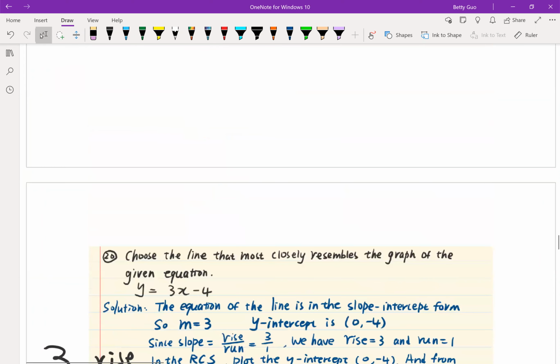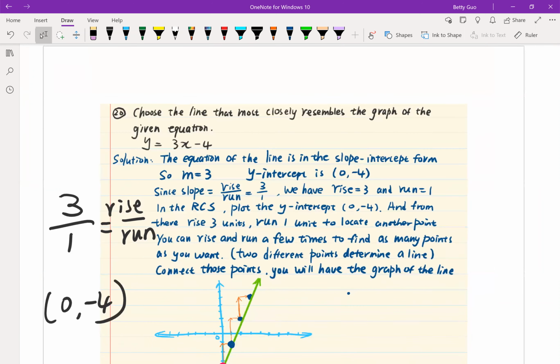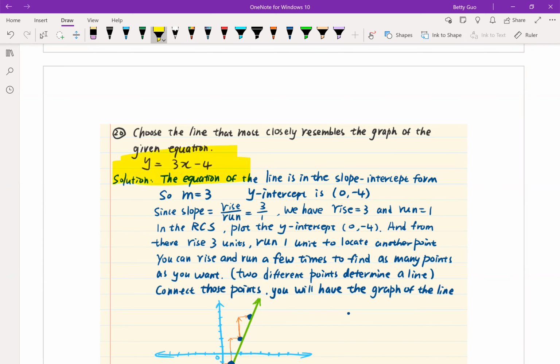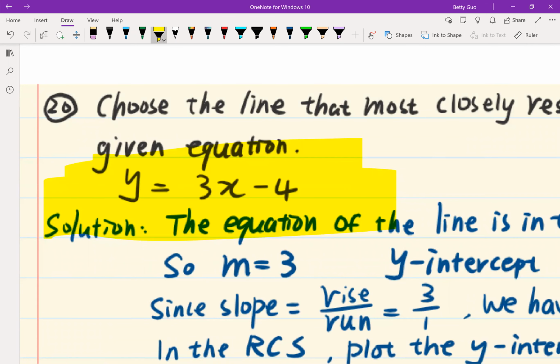We move to 20. Choose the line that most closely resembles the graph of the given equation y equals 3x minus 4. So number 20, you are graphing a straight line, y equals 3x minus 4.